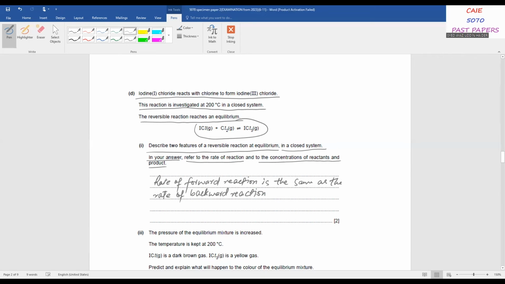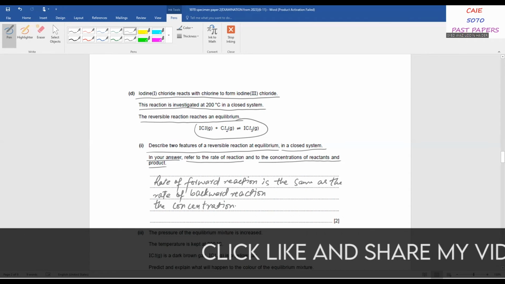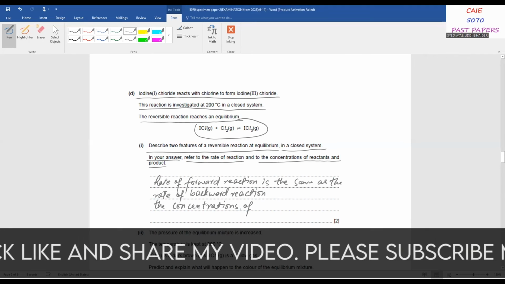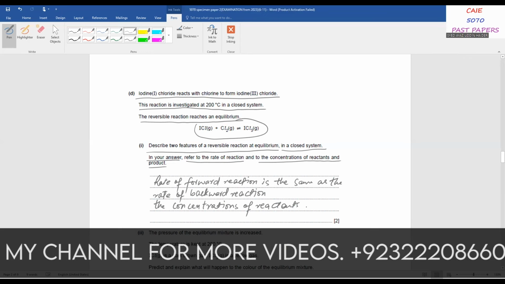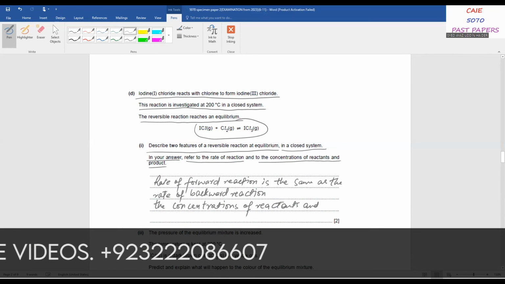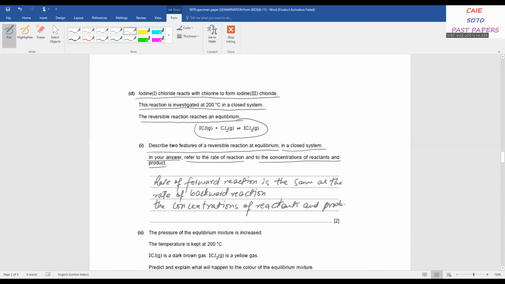And the concentrations of reactants and products do not change or remain constant. Can even write remain same.